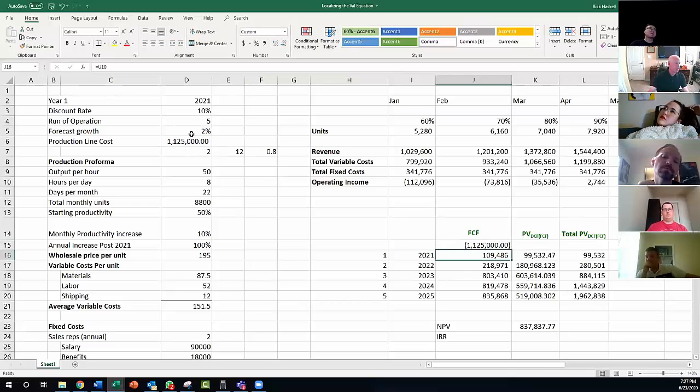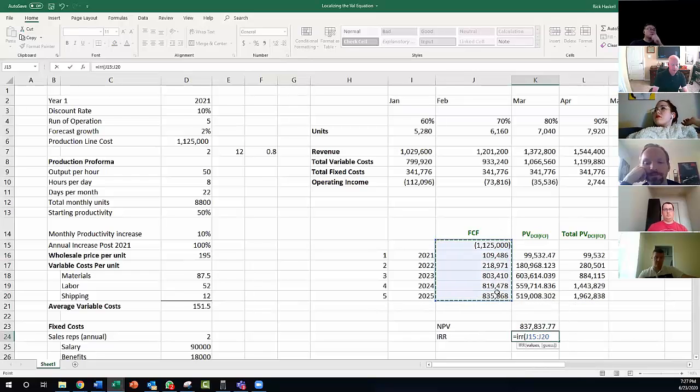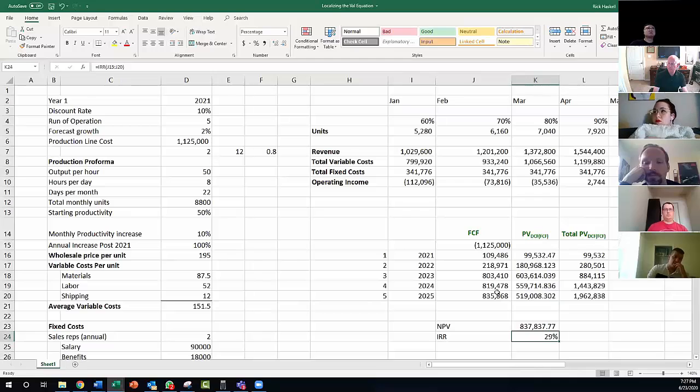Otherwise, I can't pick it all up together, can I, Matt? No. I've got to put it in as a negative. And now I can say equals IRR, and I can just pick up all those values and close it out. And I got a 30% internal rate of return. And I think the technical term for that is hunkin'.